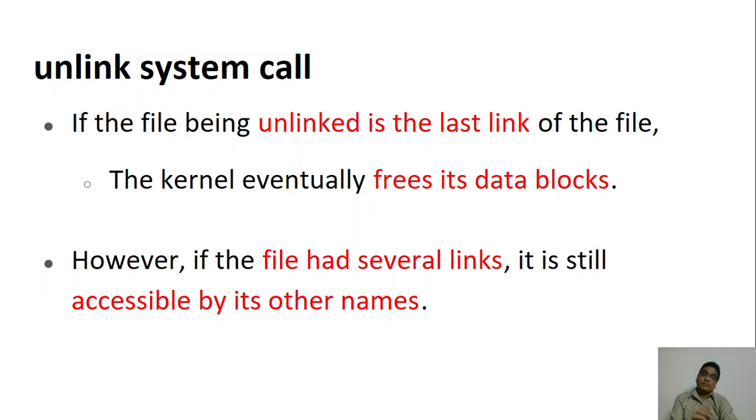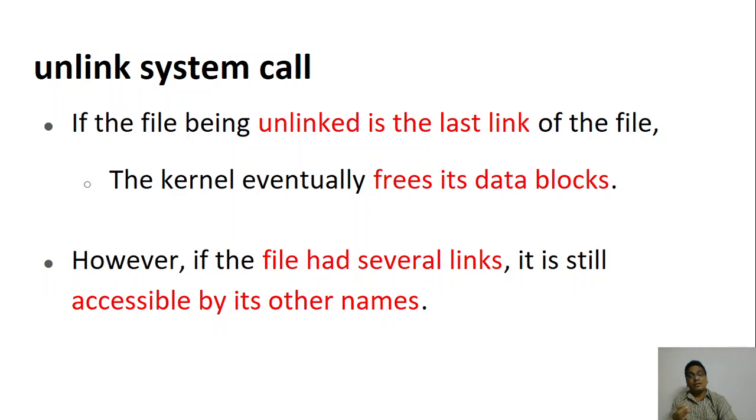Until then, it's only changes in the inode that are being made. In the inode, we just reduce the number of references by 1. So if you have 10 links and you delete one of the links, the total count becomes 9. If you reduce one more, the total link reference count will become 8. And if you reduce one more, it becomes 7, and so on.